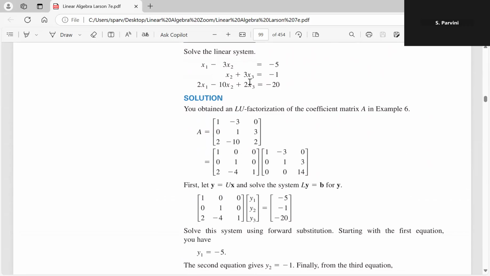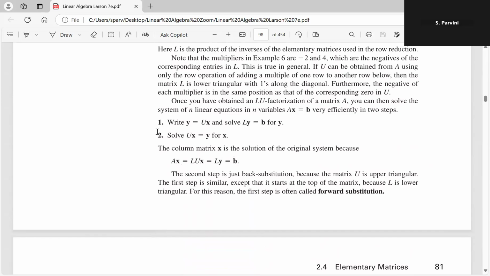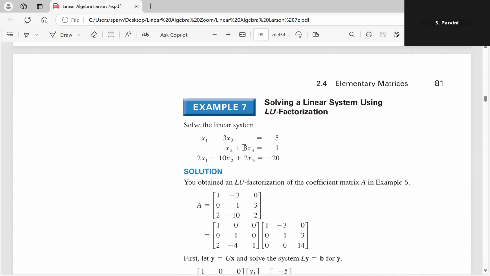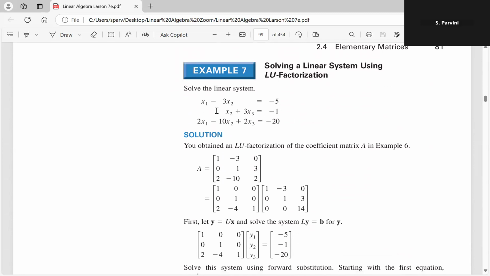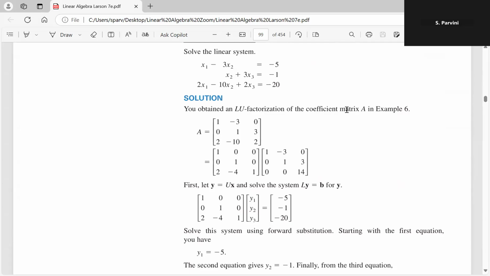So here's a system. He's doing exactly steps 1 and 2 now. He's actually showing you the system AX equal B. So obtain the LU factorization, and I'm sure he used software himself to do this. Notice this is L because you have numbers below the diagonal.